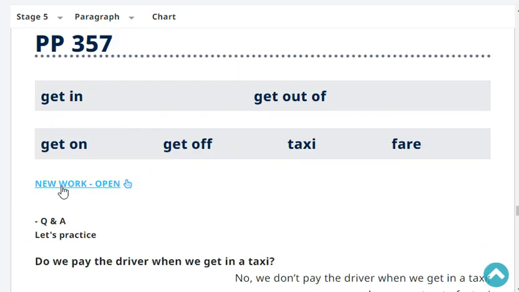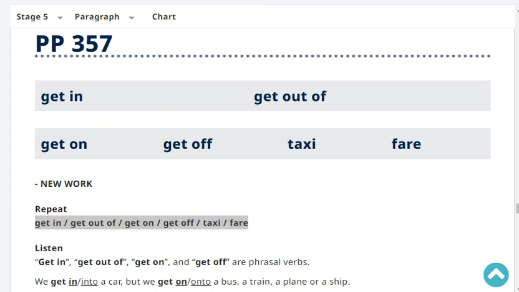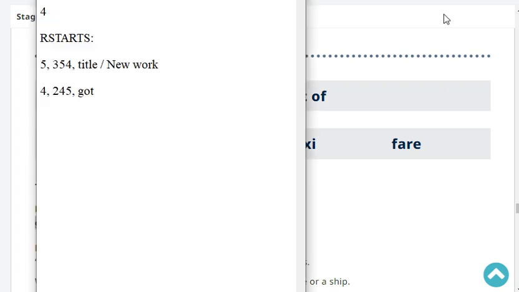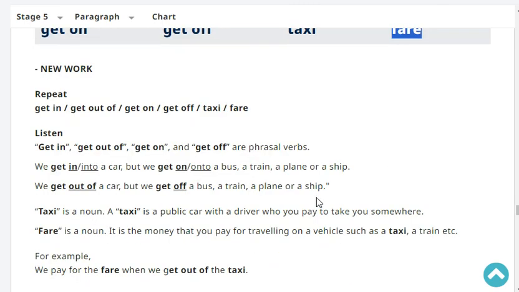Next, repeat. Get in, get out of, get on, get off, taxi, fare. Very good. Okay, listen. Get in, get out of, get on, and get off are all phrasal verbs. We get in or into a car, but we get on or onto a bus, a train, a plane, or a ship.